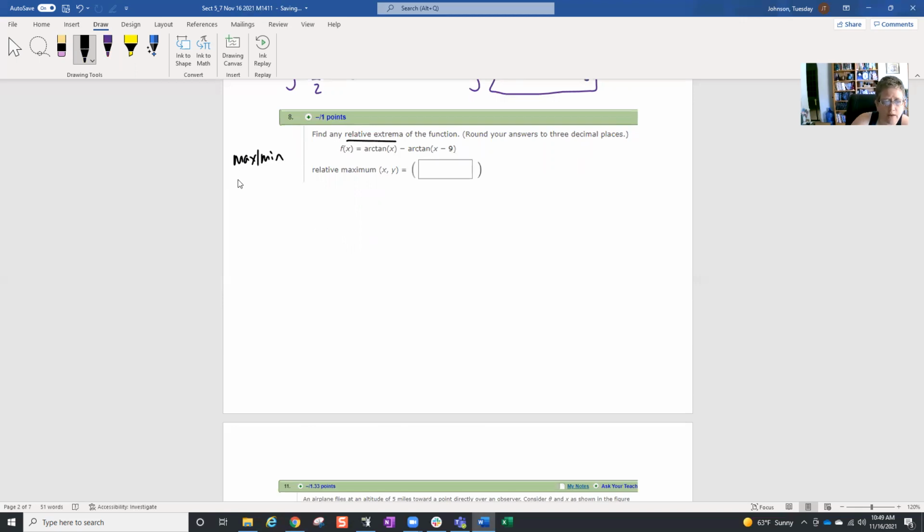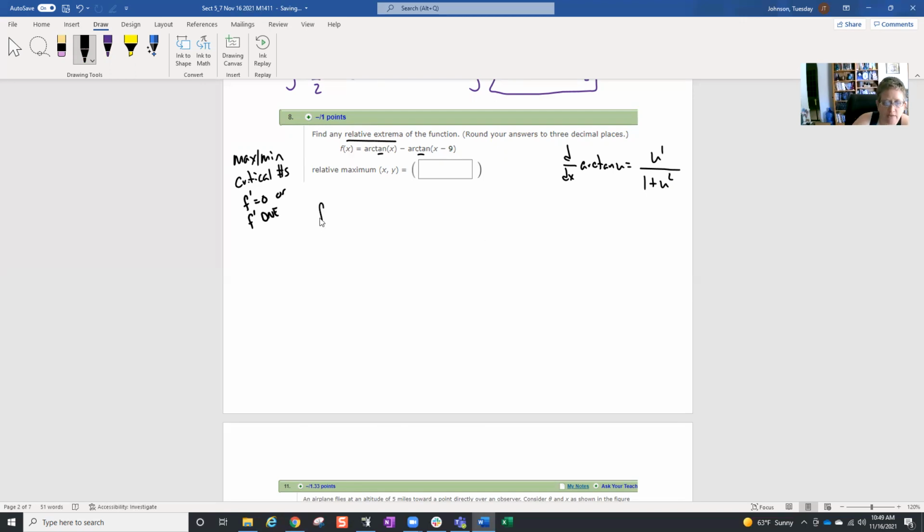So in order to do that, my critical numbers are where the derivative is 0 or the derivative does not exist. All right, let's give it a shot. First, the arctangents here. My rule is derivative of the inside divided by 1 plus u squared.